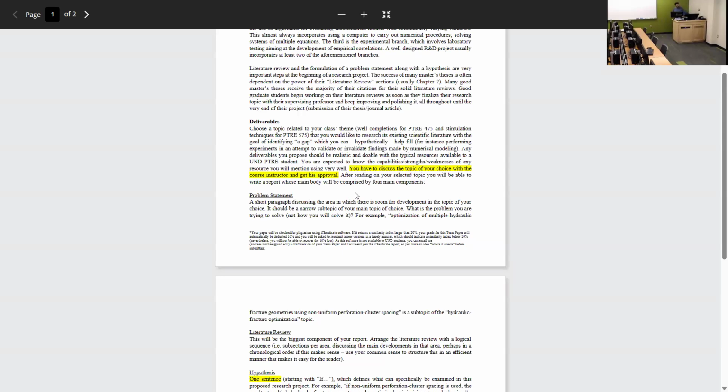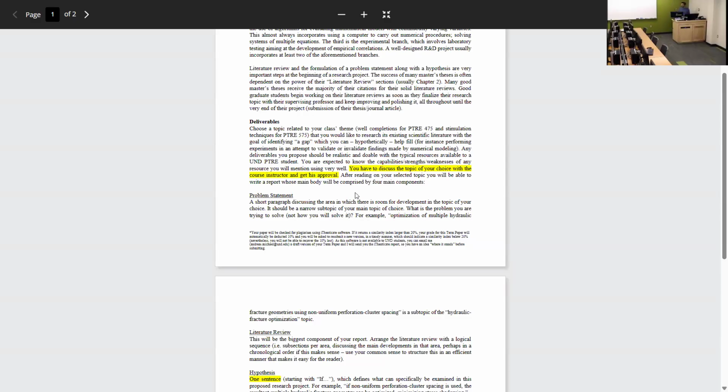Choose a topic related to your class theme. So for the undergrads, 475, they should choose something related to well completions. And graduate students, something related to stimulation techniques.